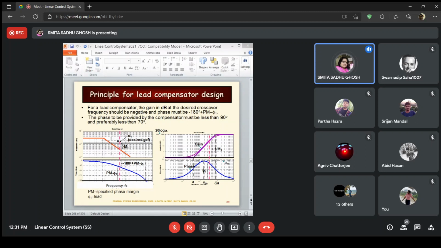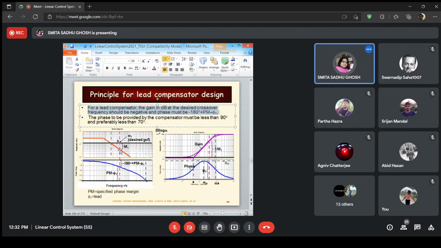What we would have to keep in mind when we are designing a lead compensator is this. The first point, of course, I've already told you, but let me read that out as well. For a lead compensator, the gain in dB at the desired crossover frequency should be negative.